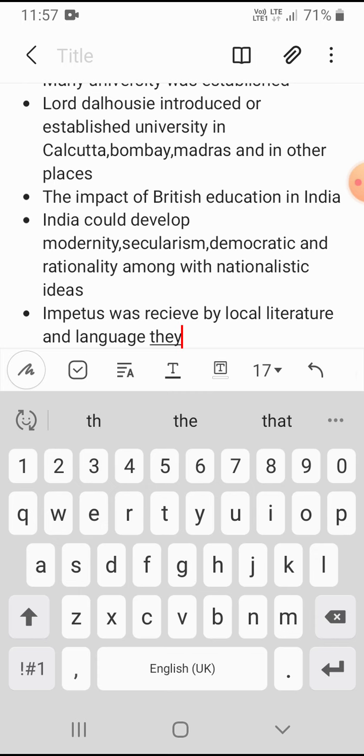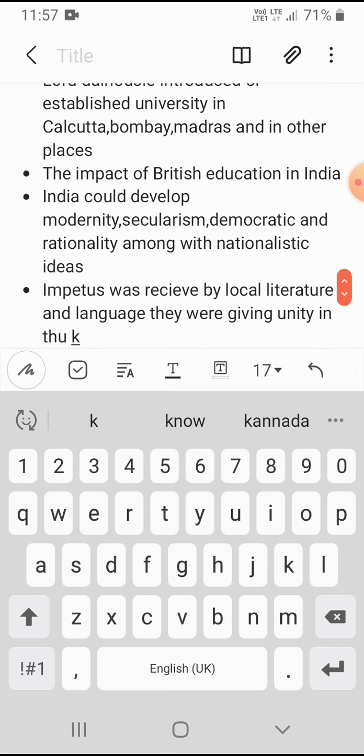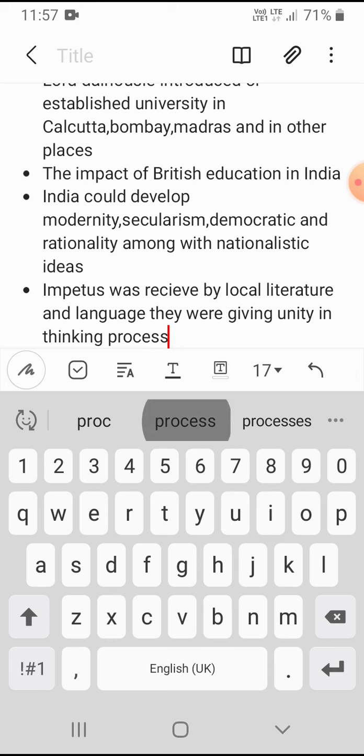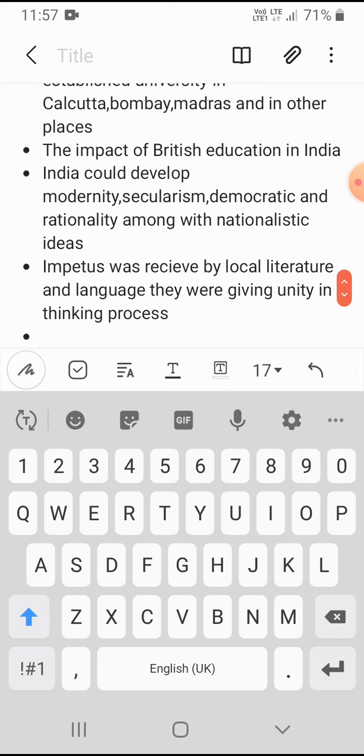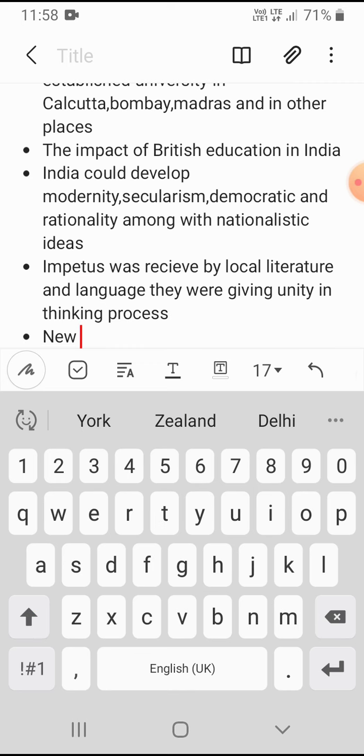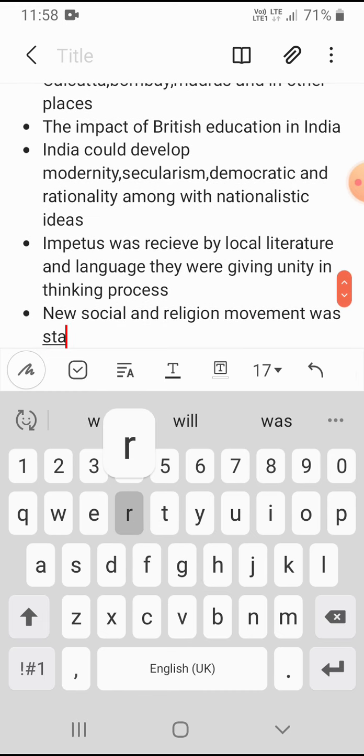And it gave unity in the thinking process, as well as new social and religious movements started to emerge.